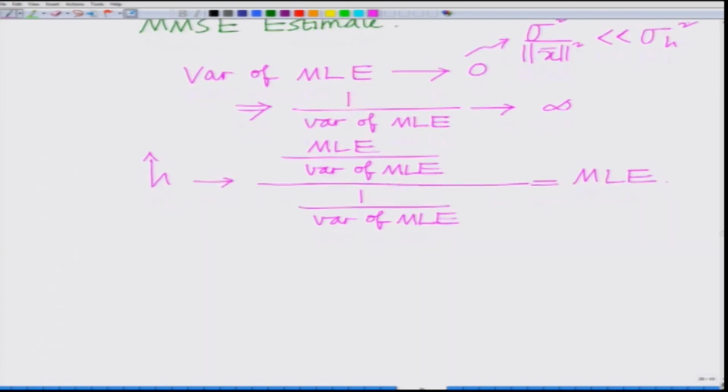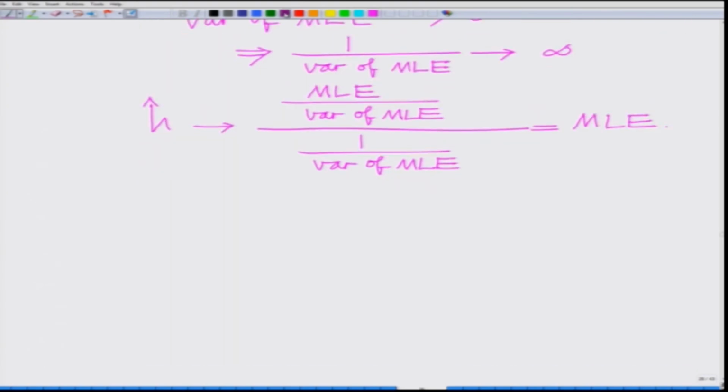Okay. On the other hand, if sigma h square, the variance of the prior, is much smaller than the variance sigma square divided by norm x bar square, then what happens?